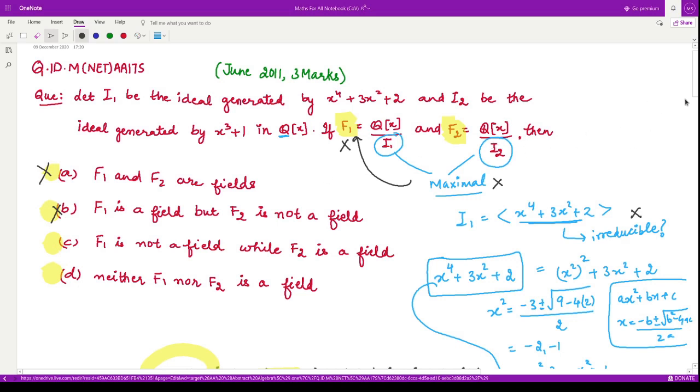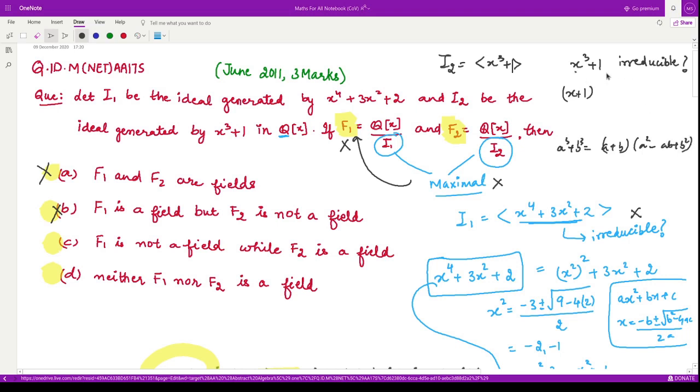For the second part, we have to check whether the ideal generated by the polynomial x cubed plus 1 is maximal or not. That means we need to check whether x cubed plus 1 is irreducible or not. We can clearly see that this follows from the formula of a cubed plus b cubed, which is equal to a plus b times a squared minus ab plus b squared.